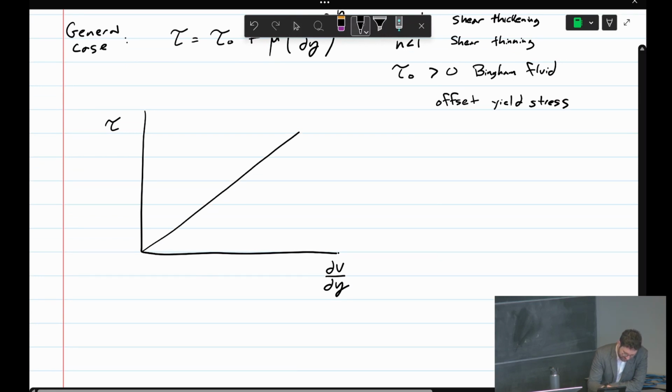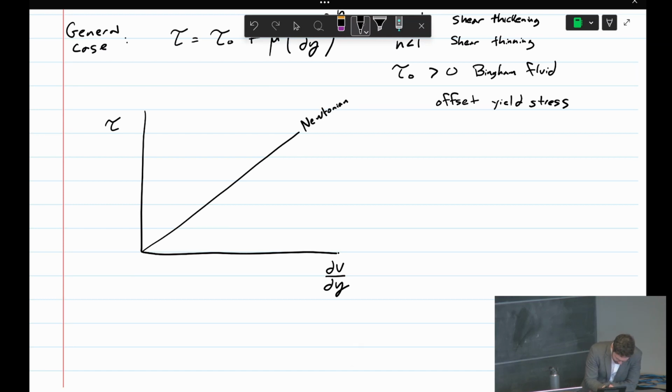If we have a linear line, that's a Newtonian. A lot of fluids are non-Newtonian, but the two most common fluids in engineering, air and water, are both usually Newtonian. A lot of this is case dependent, but air and water are safe to assume Newtonian for most cases.